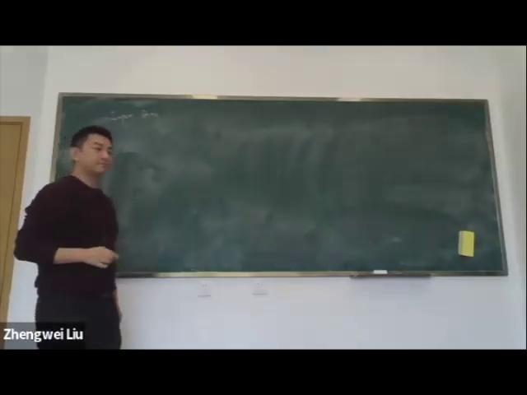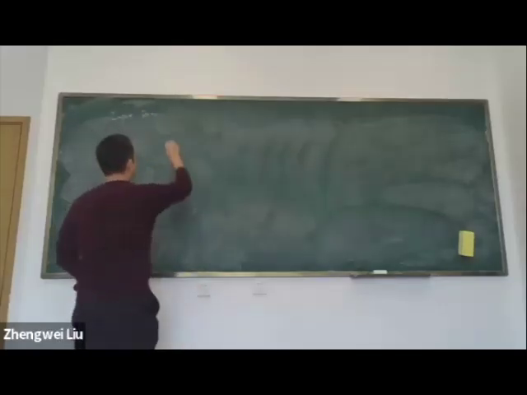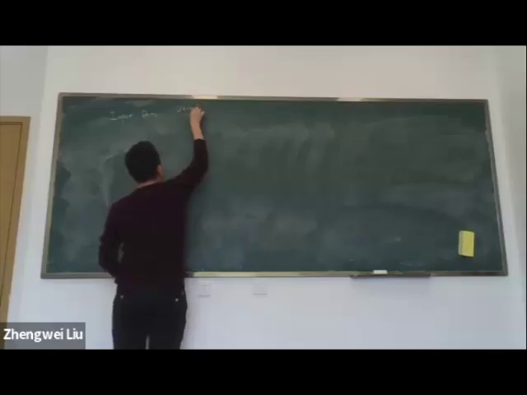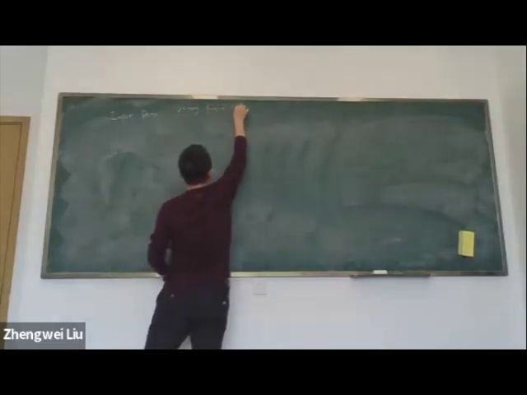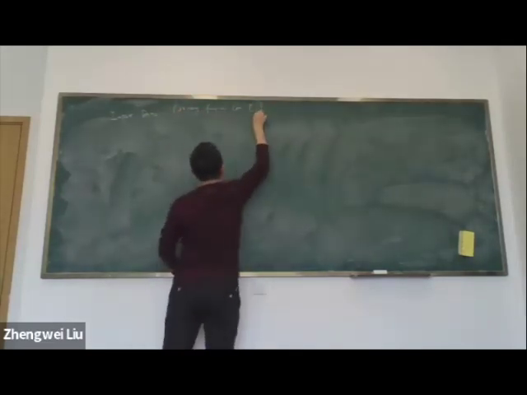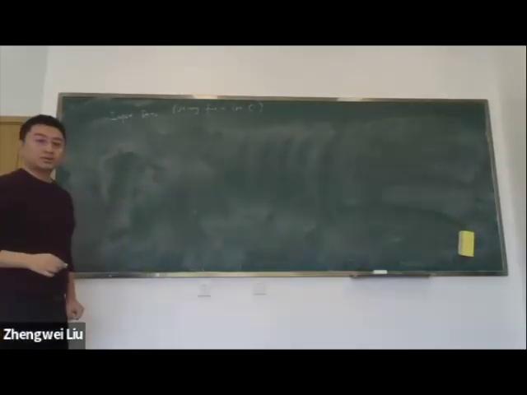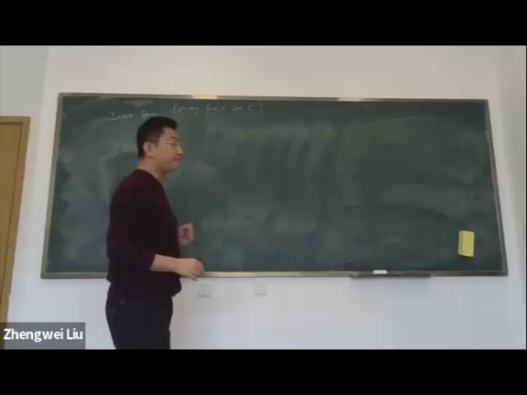So what's the input data? Previously, our input data is the unitary fusion category C. Now, we will consider this data in a different way. We do not take this as input data.